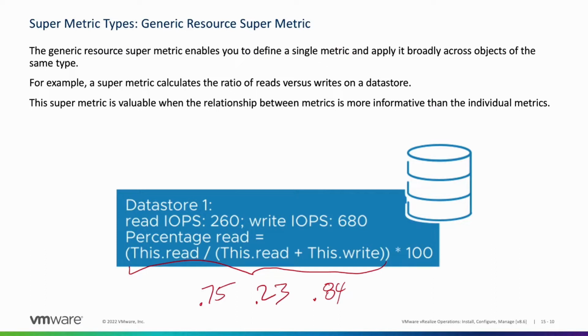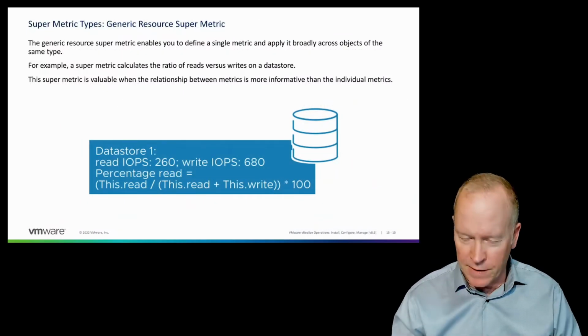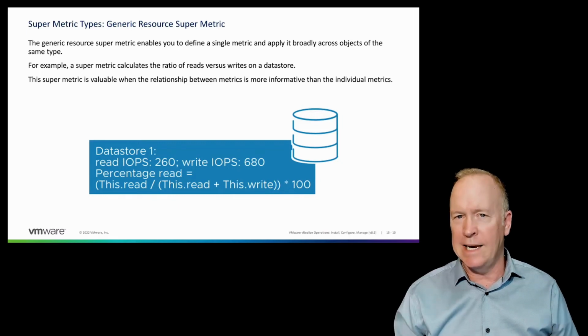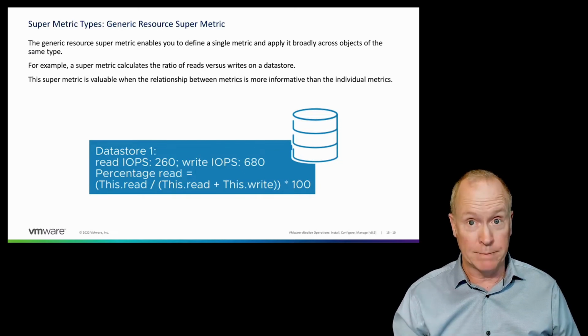In other words, we need to multiply these decimal values by 100, which is what we're doing here, so that things such as 0.75 look more like the percentage that we were trying to calculate. So again, key points, this is just an example. We could come up with an infinite number of other examples. But the point of this example is we're taking existing performance metrics and, using a formula that we write, we're creating a new super metric.